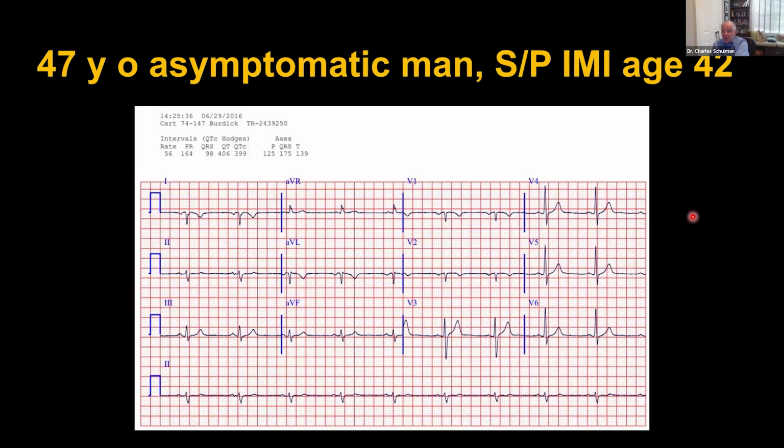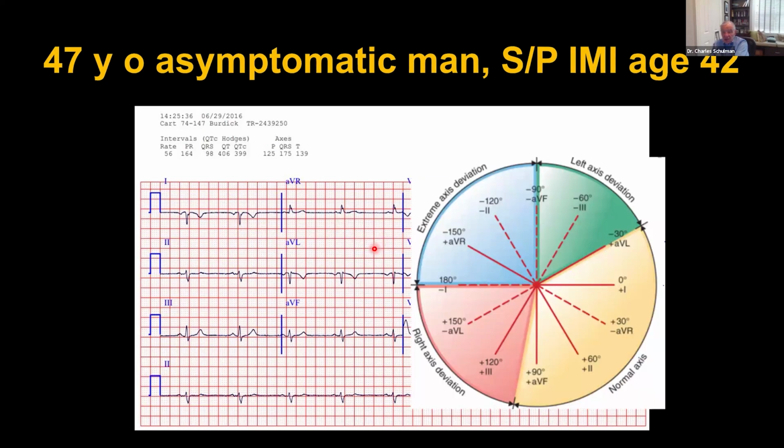Okay, now here is a strange looking ECG because there is what looks like a large Q wave in 1 and AVL, and the P wave is negative in lead 1 and positive in lead AVR. Very strange.